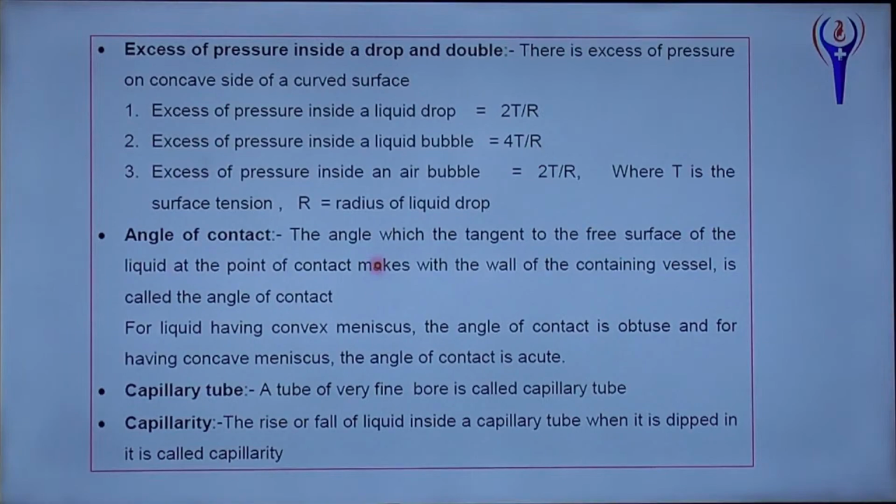And angle of contact. Angle of contact is the angle which the tangent to the free surface of the liquid at the point of contact makes with the wall of the containing vessel.